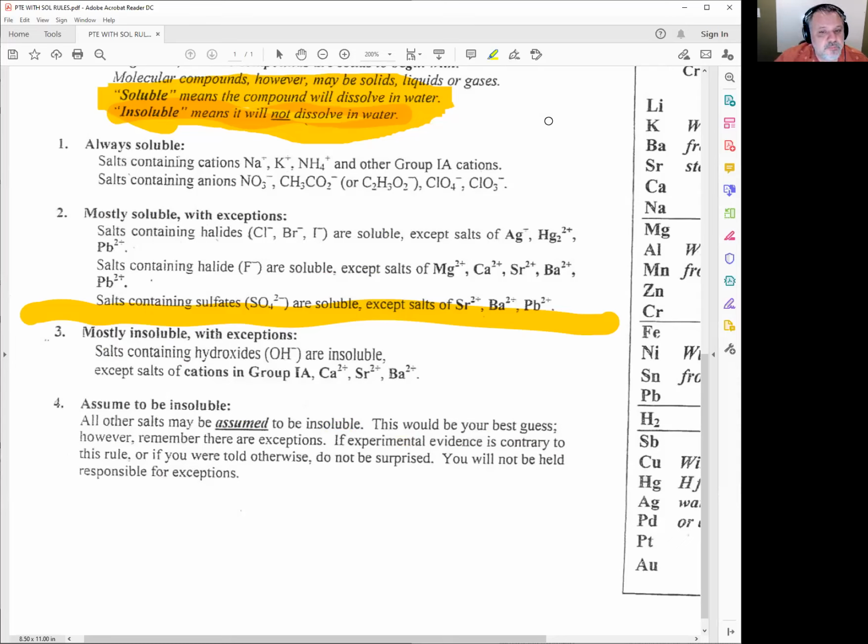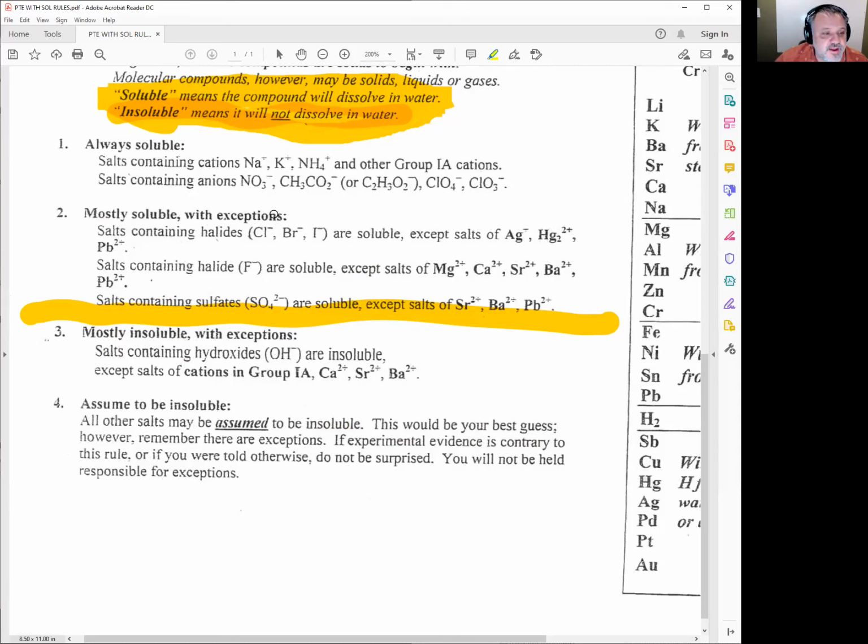All right. Chlorides, bromides, and iodides, rule number 2. They're soluble, but there are some exceptions. So when silver ion gets together with chloride, bromide, or iodide, it's insoluble. The same thing with Hg2 and lead 2+.